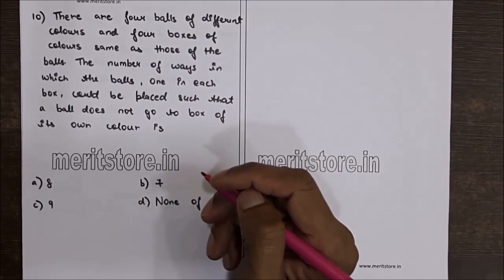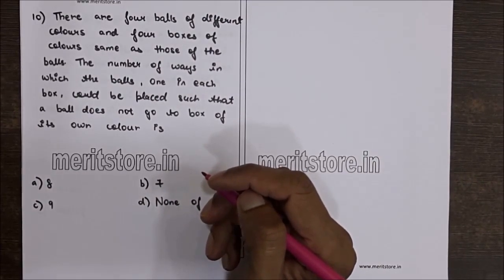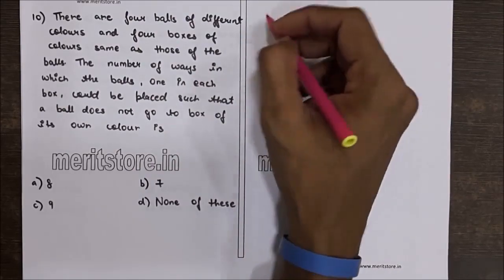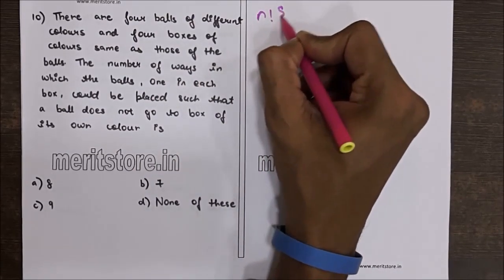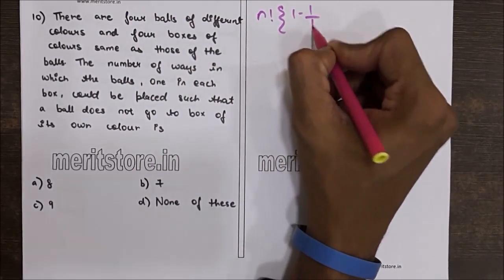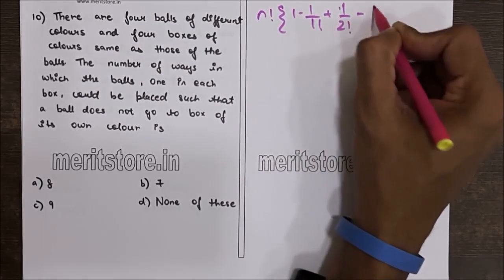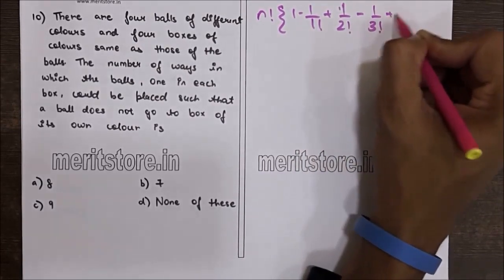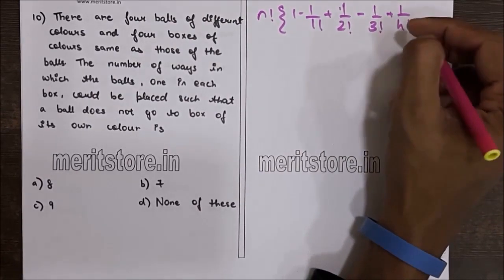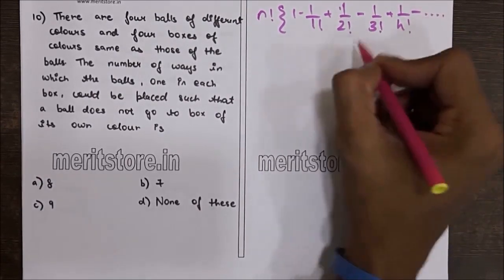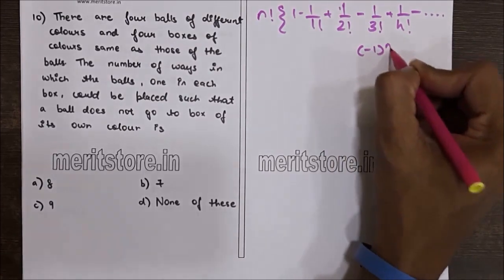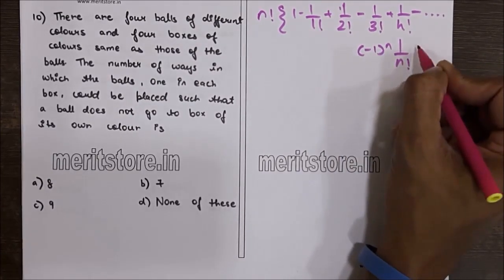Since the number of derangements in such problems is given by n factorial into 1 upon 2 factorial minus 1 upon 3 factorial plus 1 upon 4 factorial, continuing up to minus 1 raised to n upon n factorial.